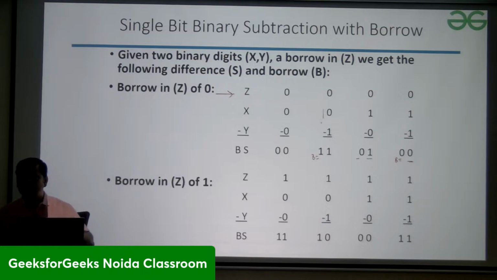If you take one particular borrow here, we can say it is 2 to the power 0, and if you take any particular borrow from the previous candidate, it is going to increase the power over here. So it is going to be 2 to the power 1, and 2 to the power 1 is nothing but 1 0. And if you subtract 1 from this particular number, your subtract result is going to be 1. 2 minus 1. Okay, so you need to take a lot of care here.